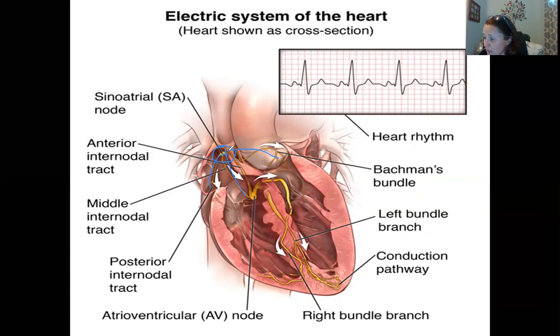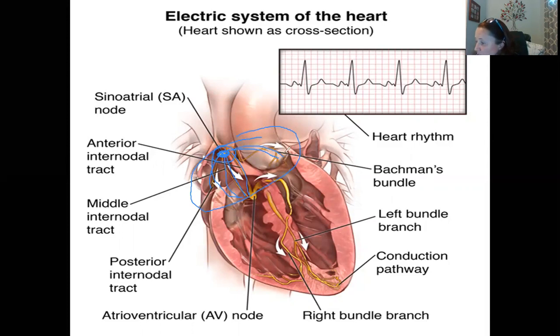So we've got these cells that are creating their own electrical impulse. They're shooting it down the atria through these pathways that are leading to a contraction of those atrial chambers, the top chambers of your heart.